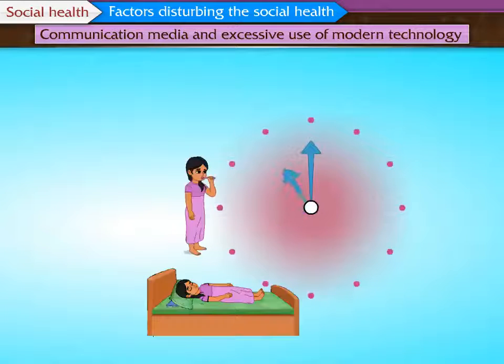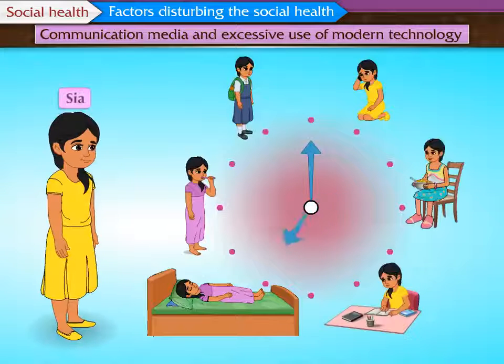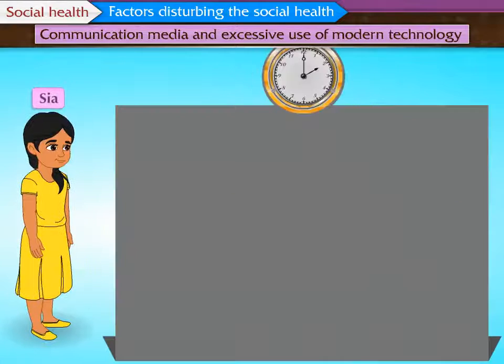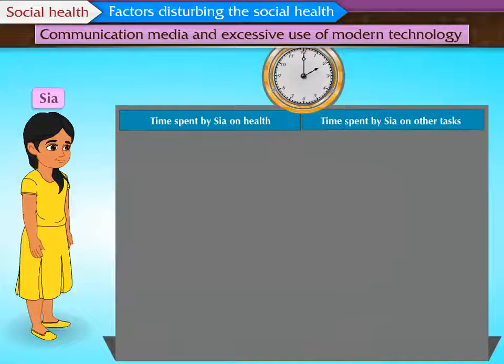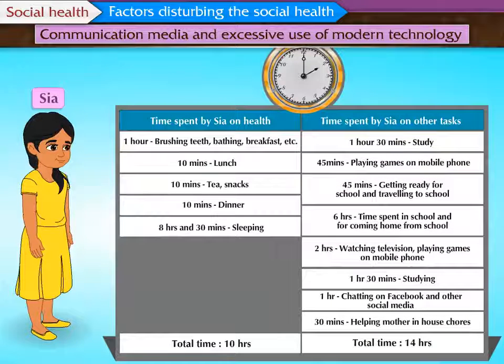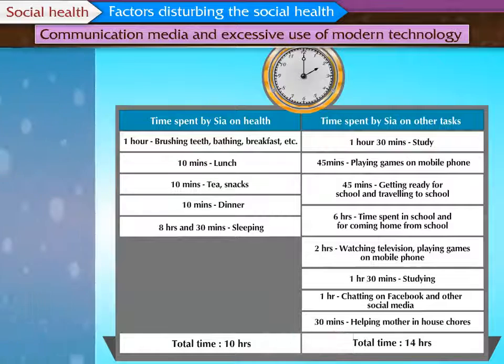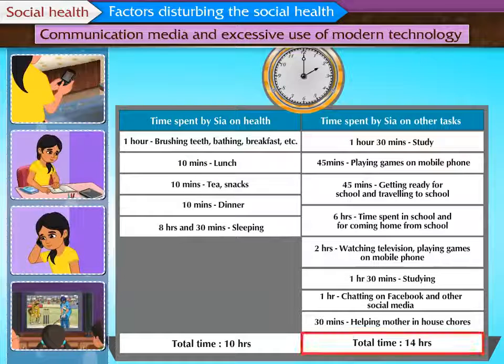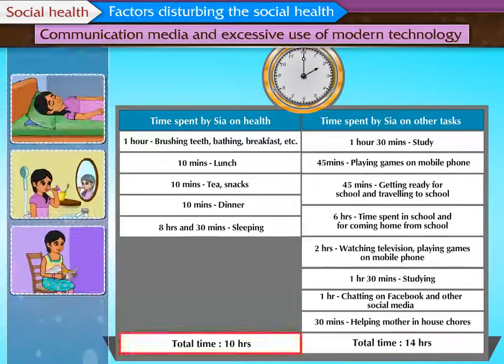First, we will categorize the various tasks carried out by Sia during her daily routine under two groups: time spent on health and time spent on other tasks. And then we will compare the two groups. Out of 24 hours of her daily routine, Sia invests 14 hours on other tasks and only 10 hours on her health.